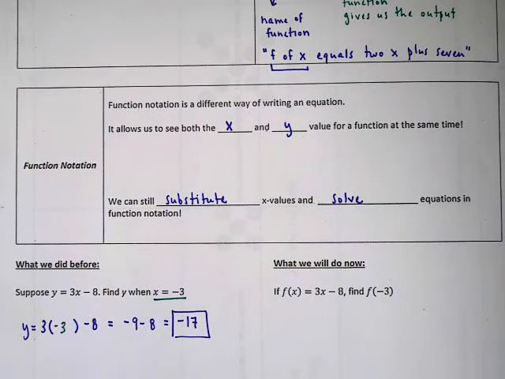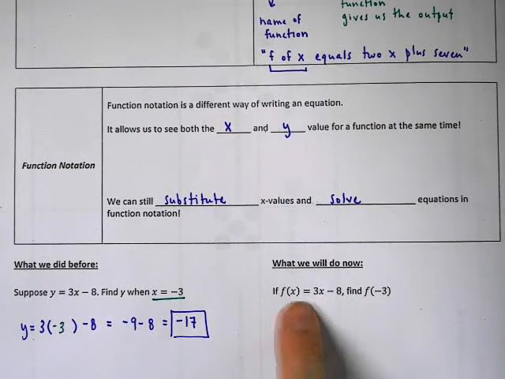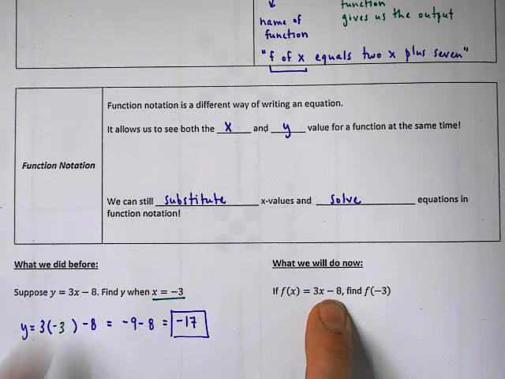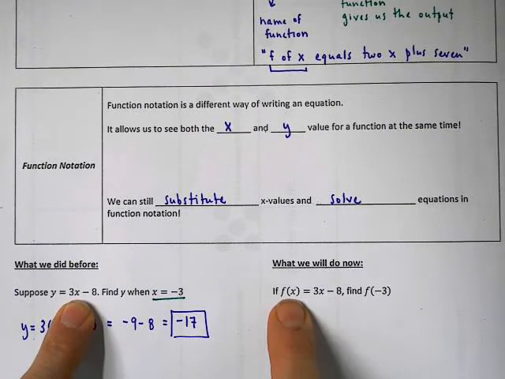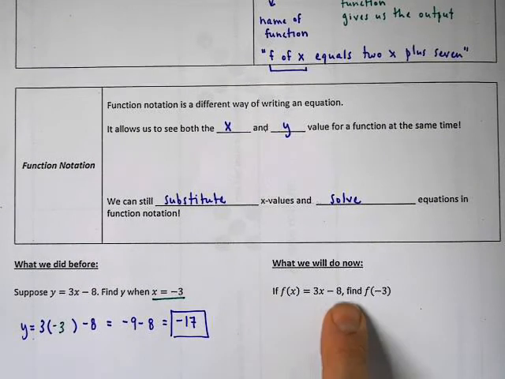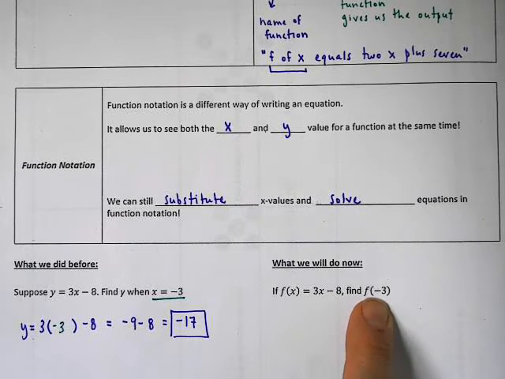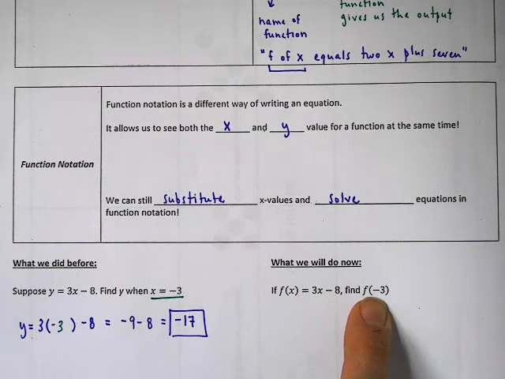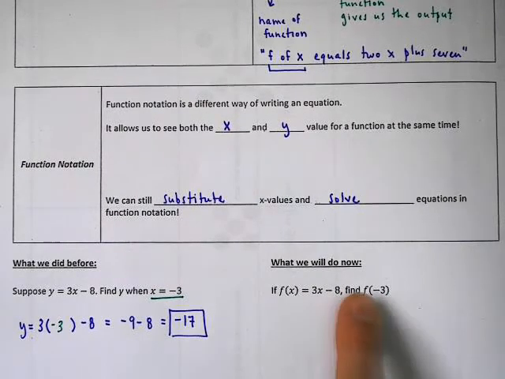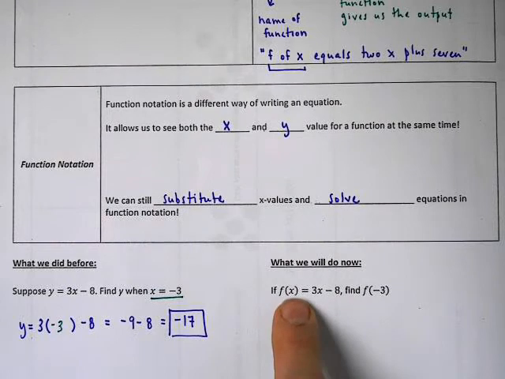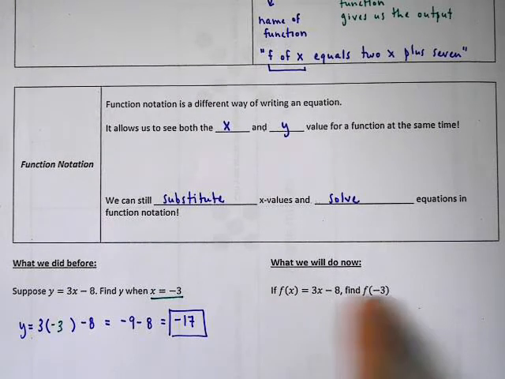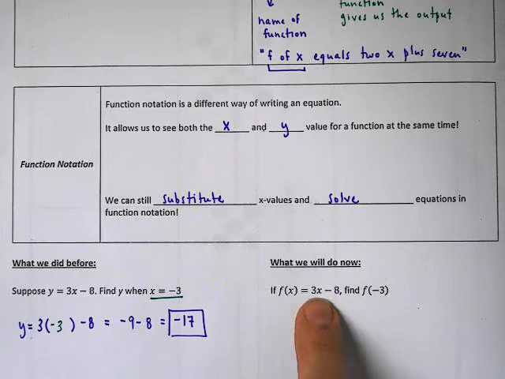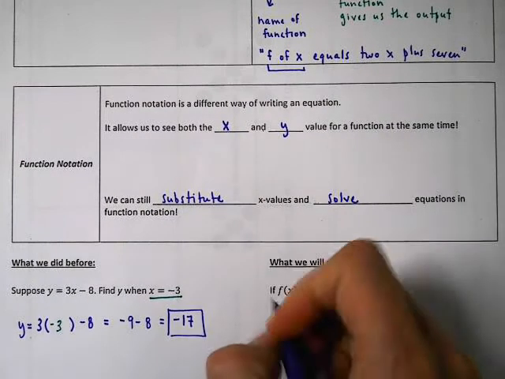Now the problems are going to look a little bit different. Now it's going to say if f of x equals 3x minus 8, so still the same equation, but now we have our function notation. Now it's going to ask us find f of negative 3. Again, all this is telling me is that wherever I had x in my equation before, now I'm going to substitute a negative 3. So I'm going to make a note here.